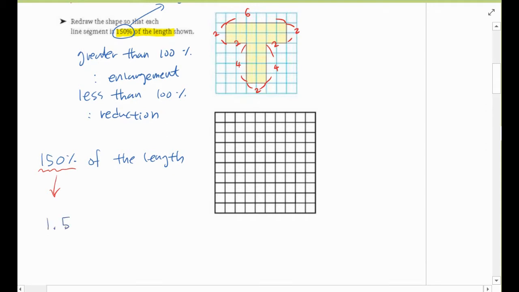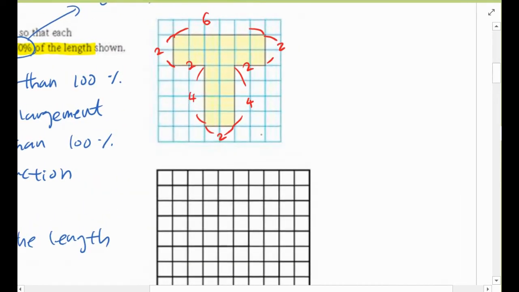And what does "of" mean in mathematics? When you see "of" in mathematics, that's the same as multiplication. So what you're going to do is 1.5 times the length.